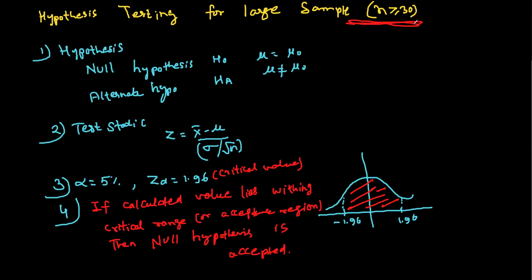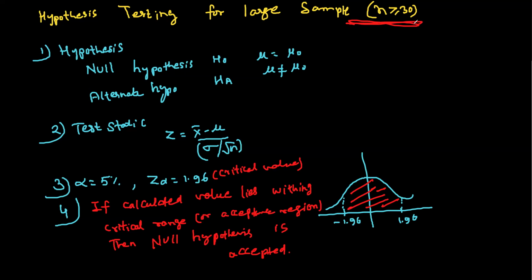If the number of samples is more than 30, then we will use this. No need to find the confidence interval.